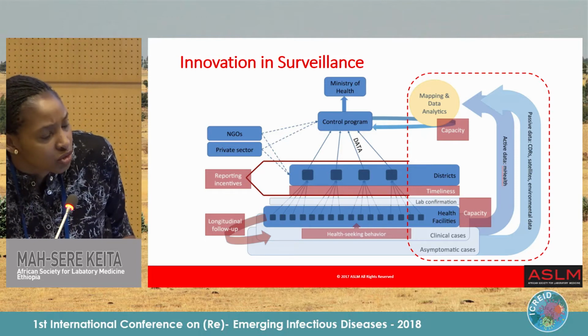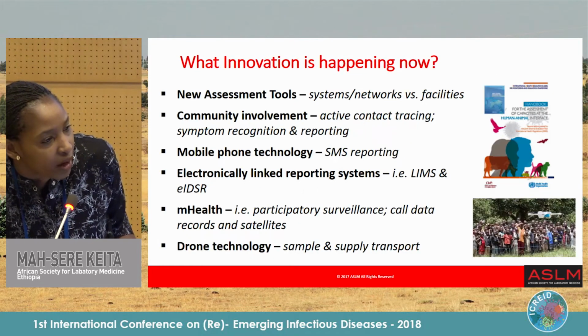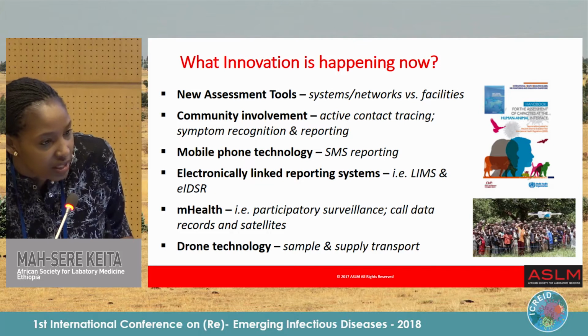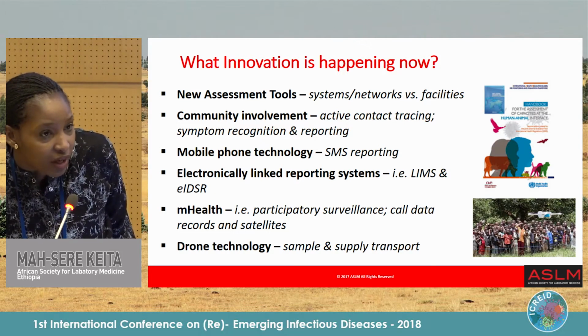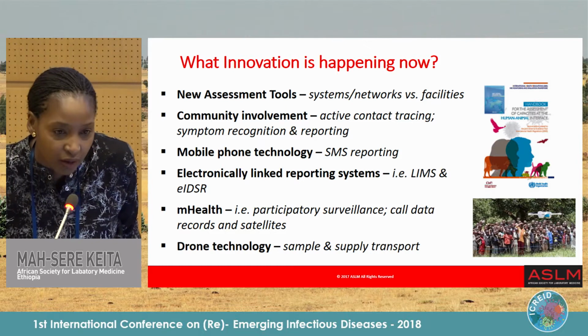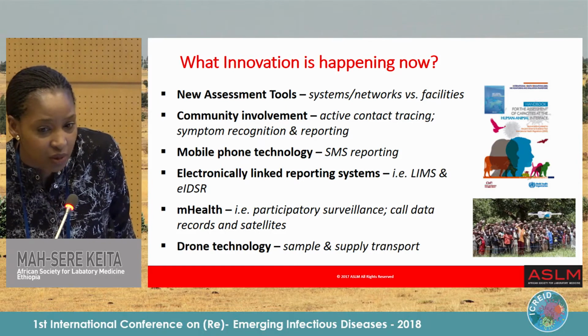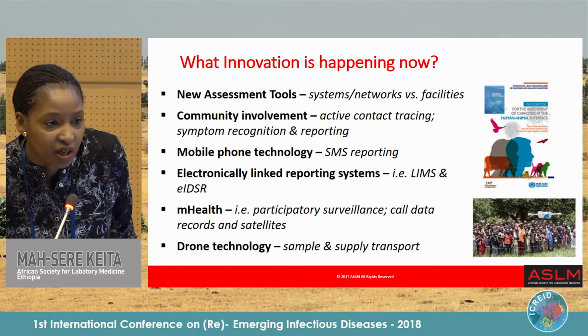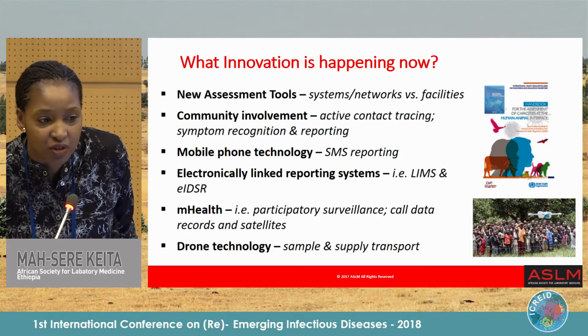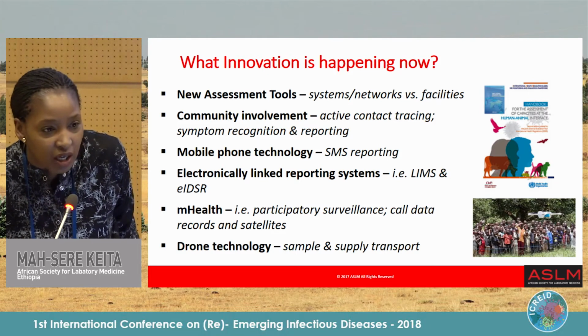So that was just showing a little bit on a slide where the innovation is happening in the scheme of surveillance, but more particularly, what innovation is happening now. We have a slew of new assessment tools that have been developed. There's more of an approach at looking at systems and networks versus facility-based data collection.